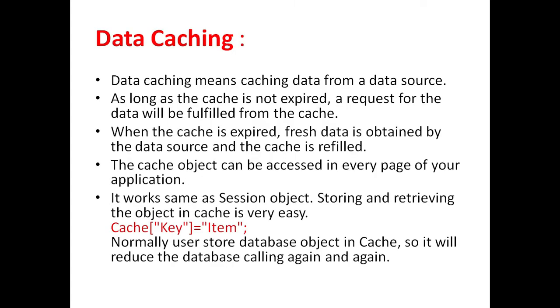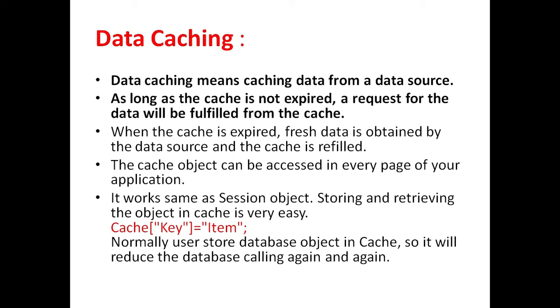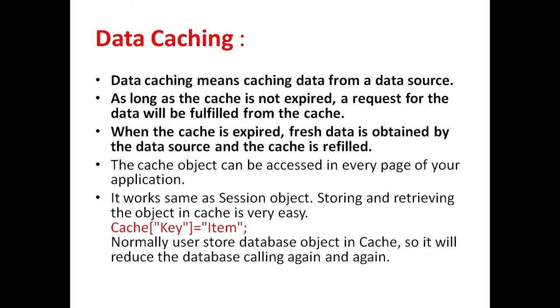Next is data caching. Data caching means caching data from a data source. As long as the cache is not expired, a request for the data will be fulfilled from the cache. When the cache is expired, fresh data is obtained from the data source and the cache is refilled.